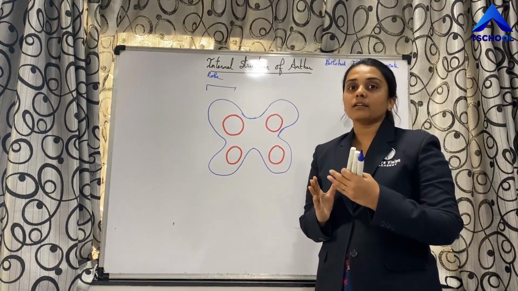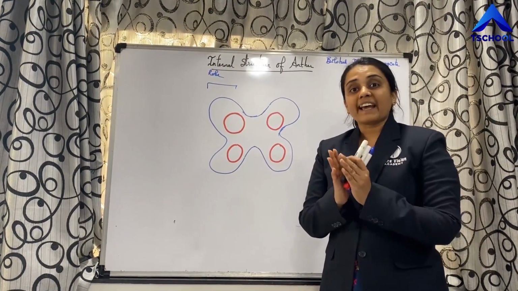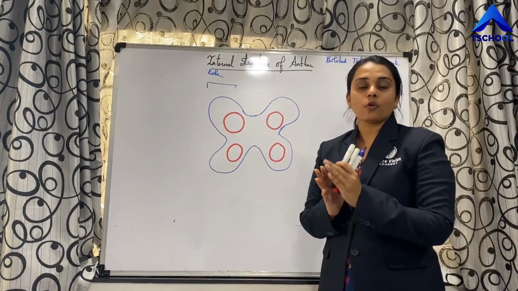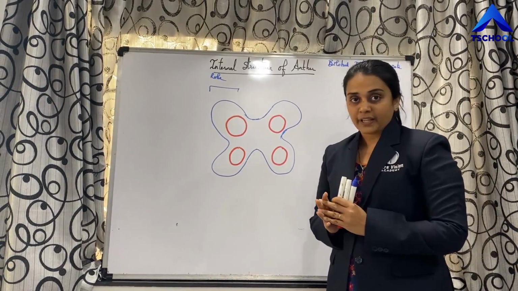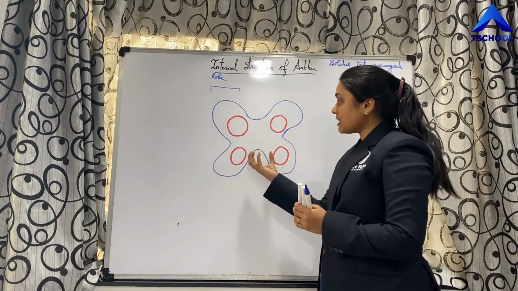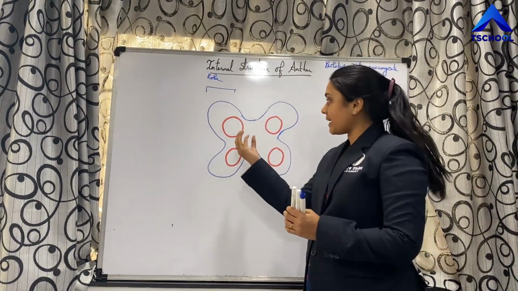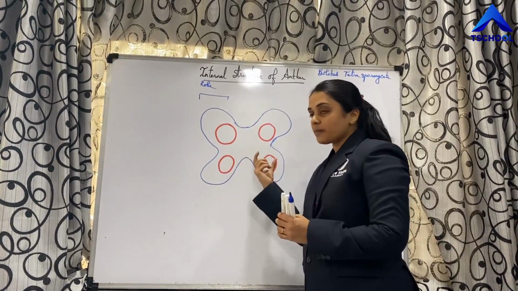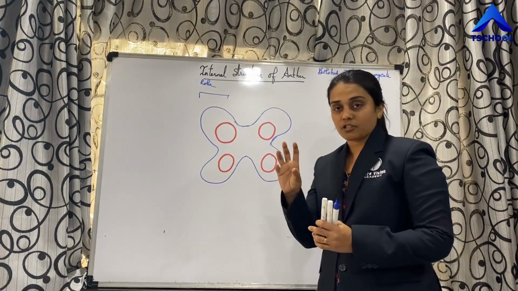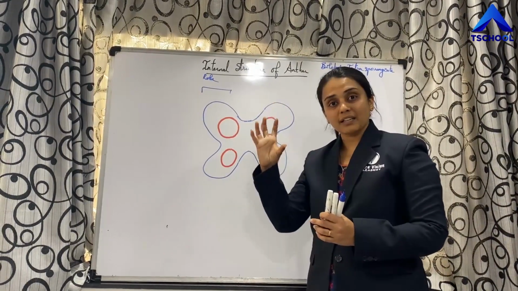As and when anther matures, so we know that anther is a fertile tissue of the male reproductive system. As and when anther matures, it gets bigger in size. When the anther gets bigger in size, these microsporangiums, those are the sac-like structures, will also get bigger in size.